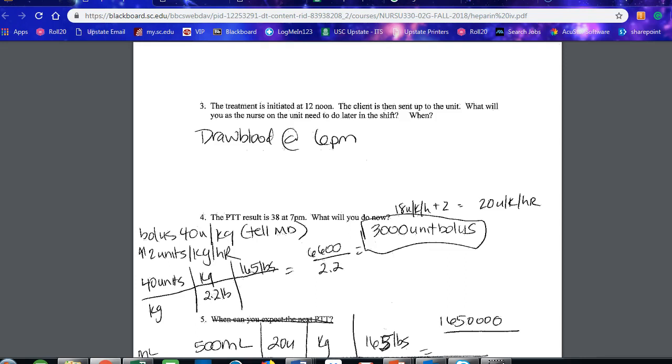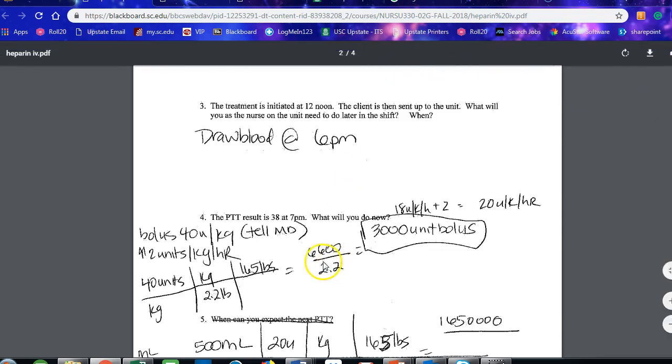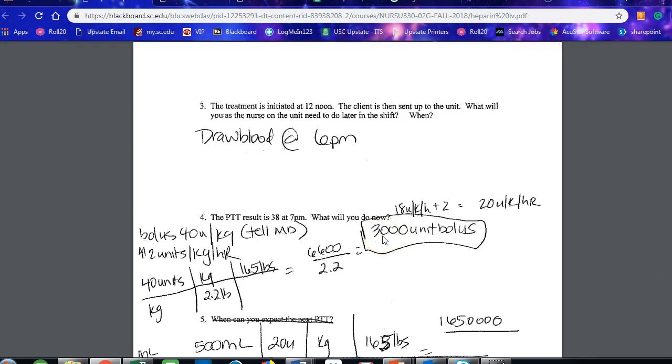We want units, right? So we need to take 40 units divided by kilograms, times kilogram divided by 2.2 pounds, times 165 pounds, which equals 6,600 divided by 2.2. So we need to give them a 3,000 unit bolus based on their weight. That's the first part of this problem.